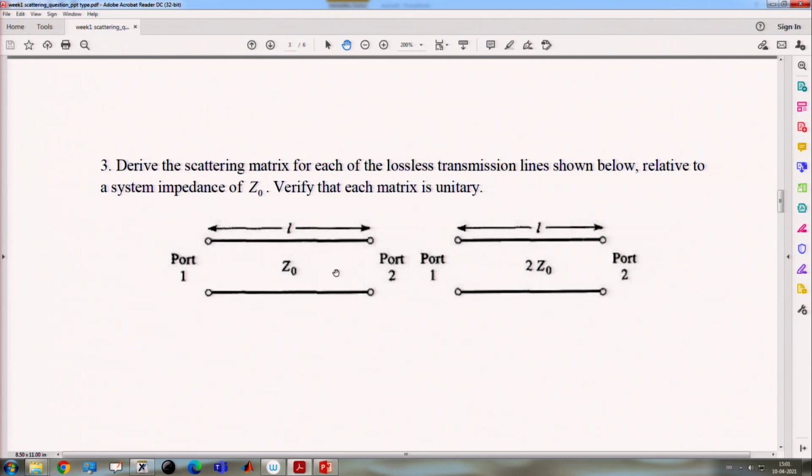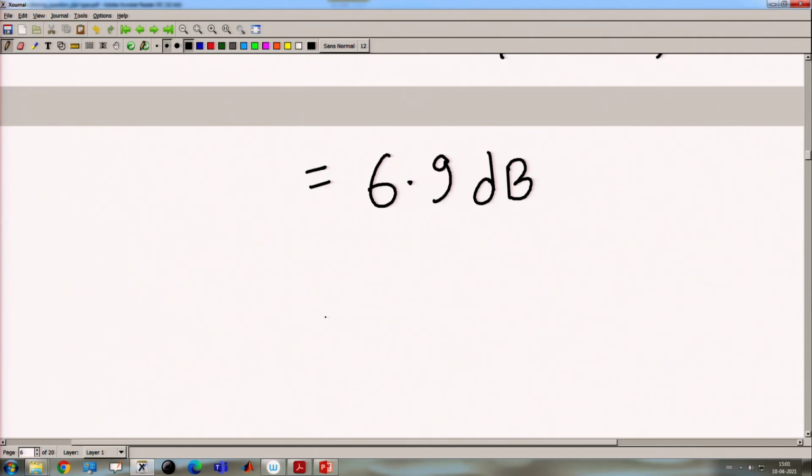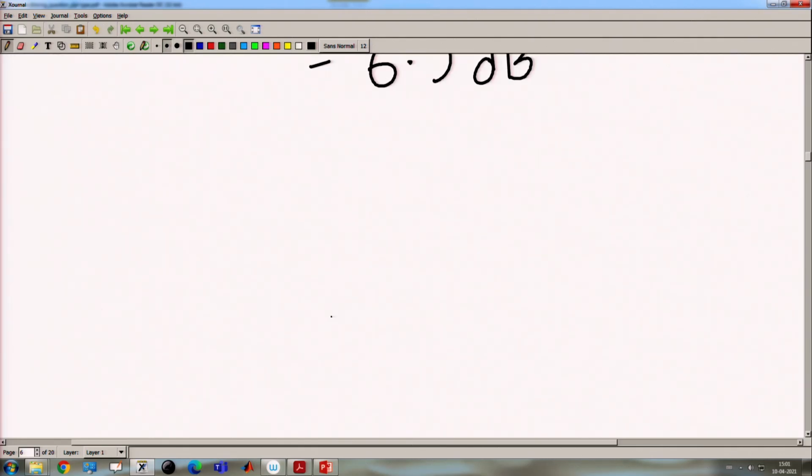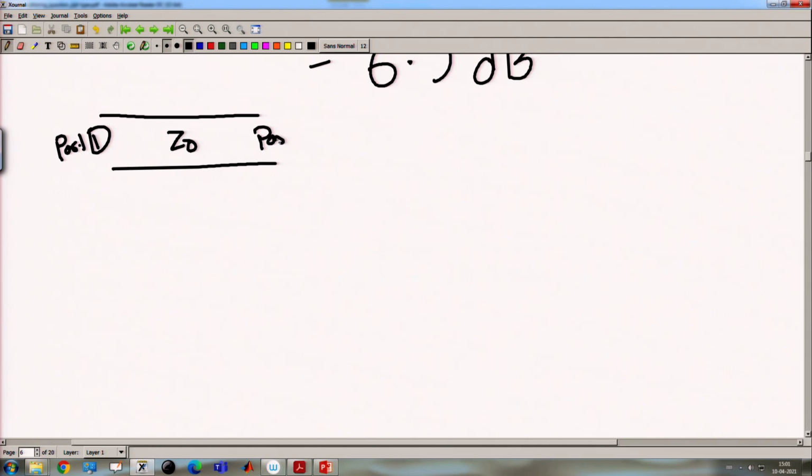We can also see that the length of the transmission line is L. So, for the first part, this is Z naught, port 1, port 2, and the length of this is L.